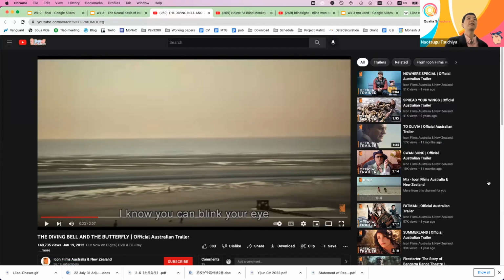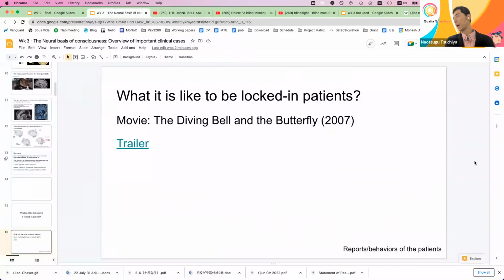So you can also read this novel from the perspective of the patient who was locked in. That's quite compelling evidence that a completely immobile person, from the outside, is still significantly conscious.